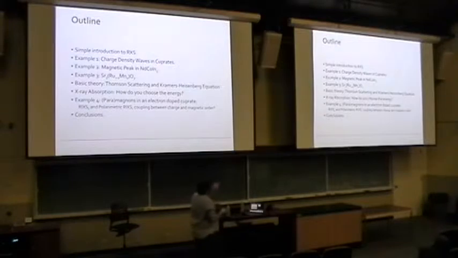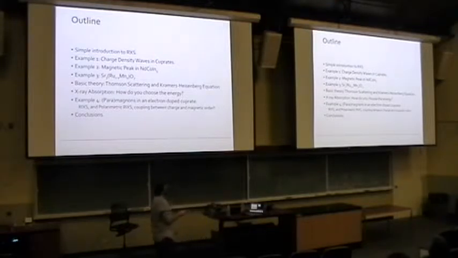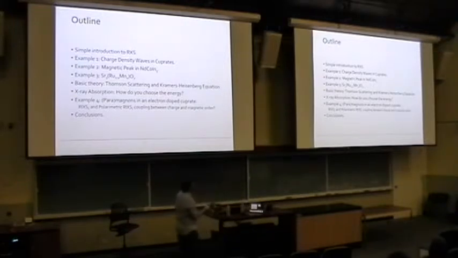So I will start by giving my simplest possible introduction to resonant X-ray scattering, and then I'll show you a few examples: the first one of charge density waves with RIXS, the second one showing that we can measure a magnetic peak on the material I've been studying recently, and in the third example, I'll discuss a very recent experiment on strontium titanate doped with manganese.